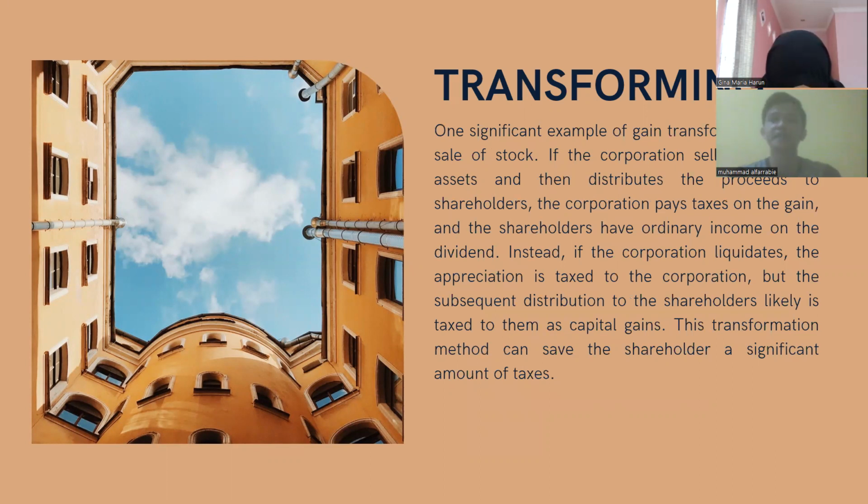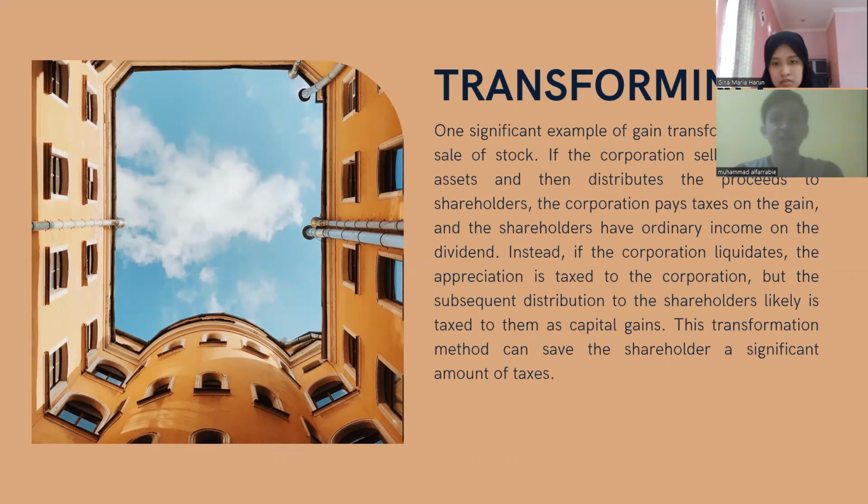One significant example of gain transformation is the sale of stock. If the corporation sells appreciated assets and then distributes the proceeds to shareholders, the corporation pays taxes on the gain, and the shareholder will have ordinary income on the dividend.